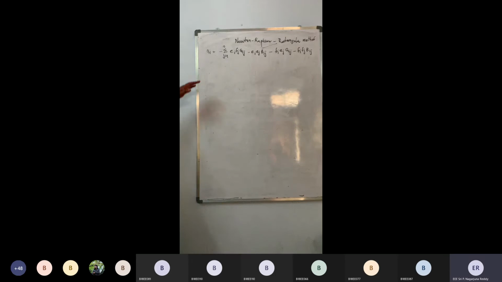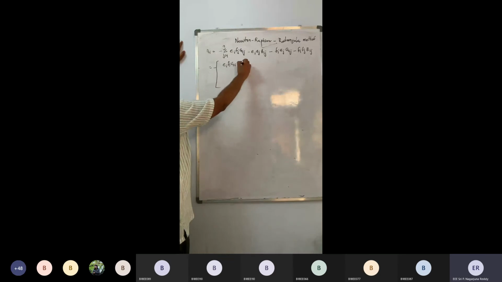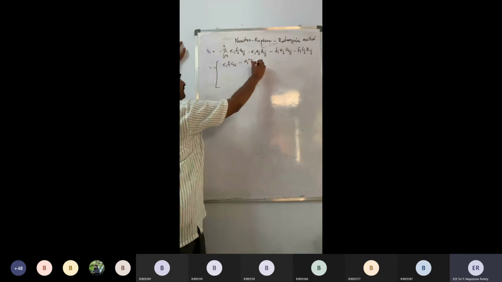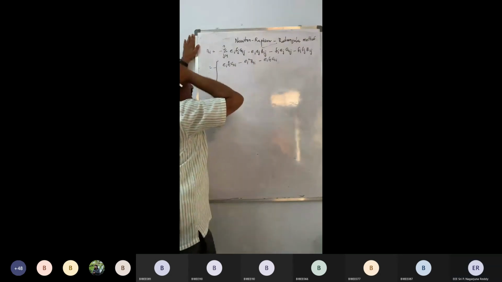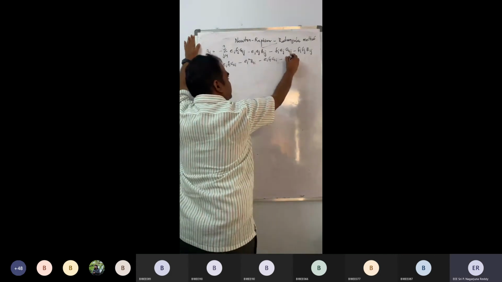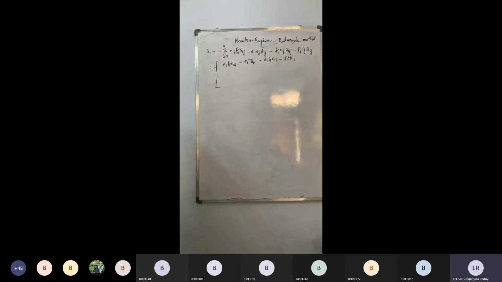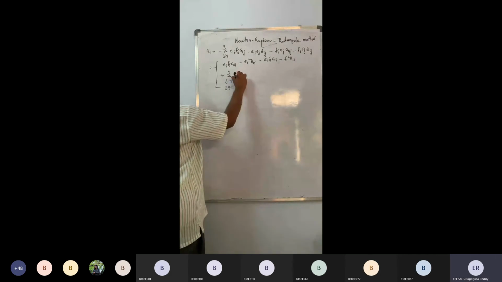Now, if you concentrate, what I'm supposed to do is separate the J is equal to I term, which means I'll write it outside, replacing J with I. So this will become EiFiGii minus Ei square Bii minus EiFiGii, minus Fi square Bii, plus sigma J is equal to 1, J is not equal to I, then it remains the same.